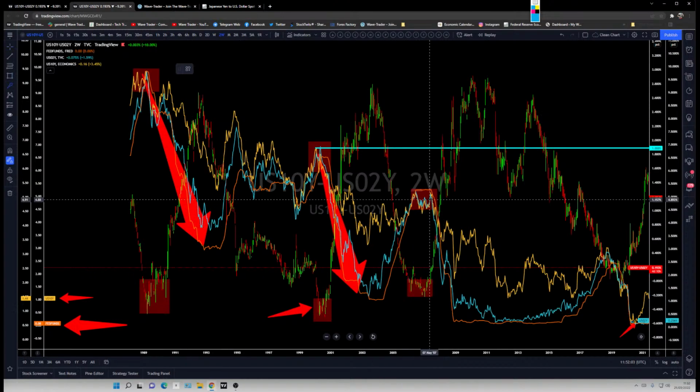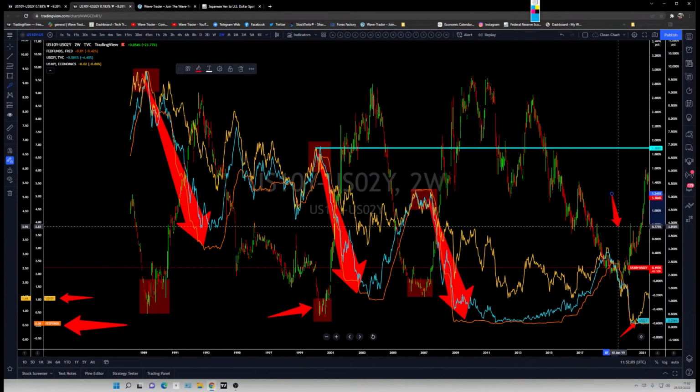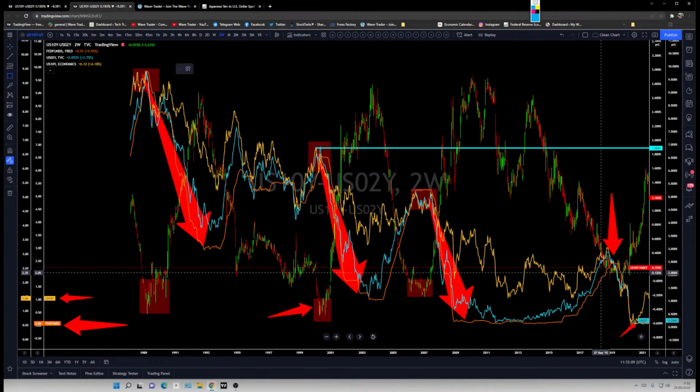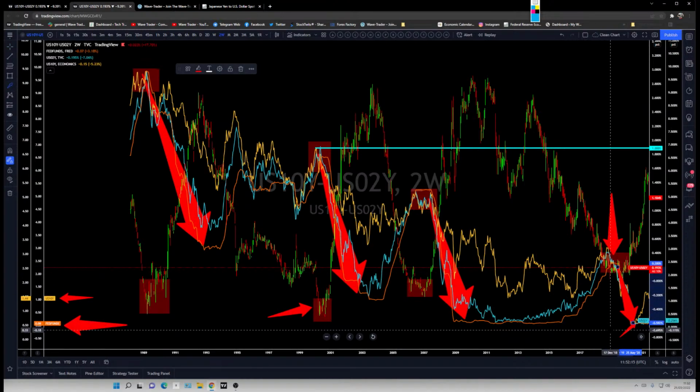Okay, they dropped. All right, just recently we have seen the pandemic. The yield curve inverted, so the Fed slashed the rates back to zero. They never went above, when the yield curve inverted since 1980.